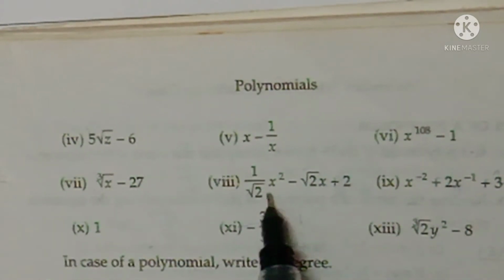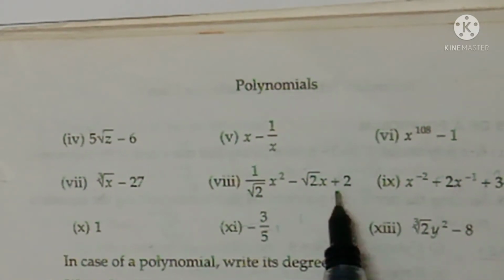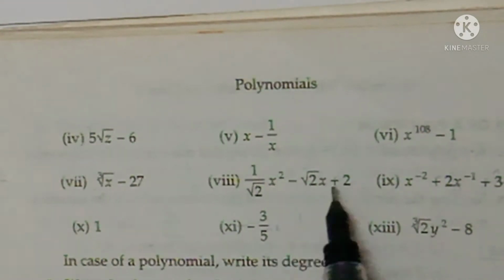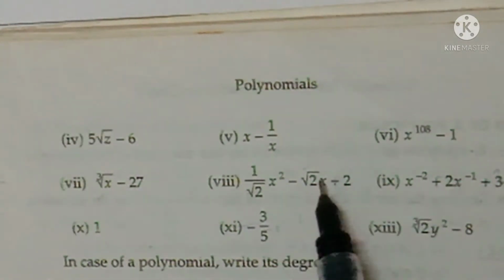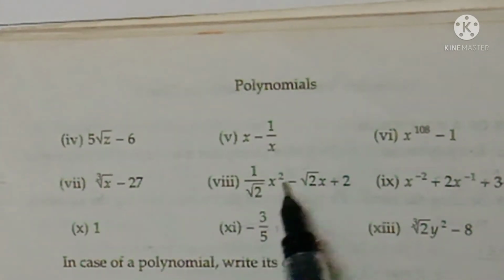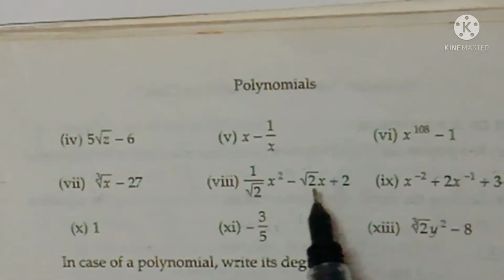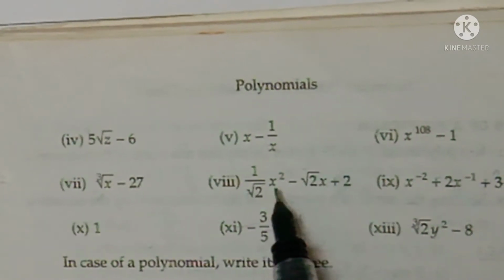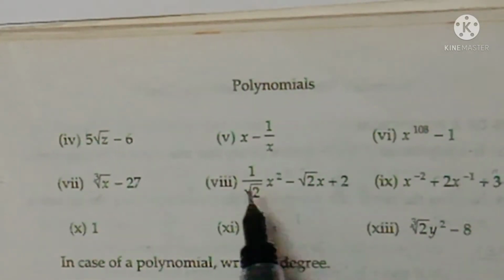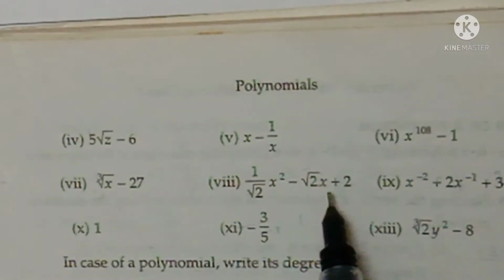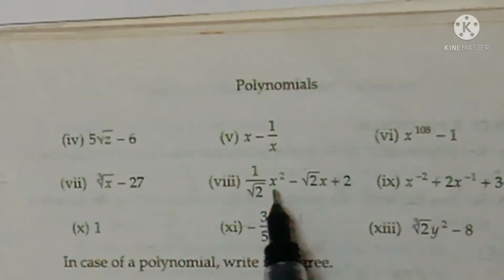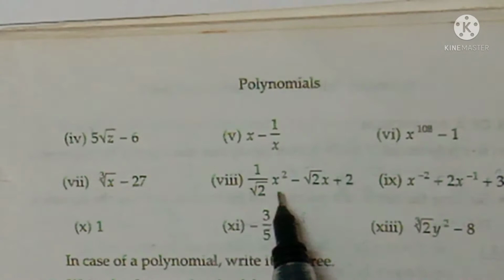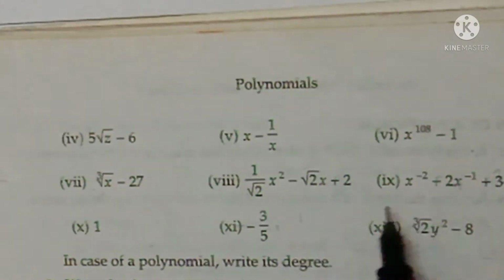See the variable: this is x square, this is x. Here the powers of x are in the form of whole numbers. So you give the answer: the power of x is a non-negative integral power, or you can write the power of x is a whole number. So it is a polynomial and the highest power is 2. So it is a polynomial of degree 2.